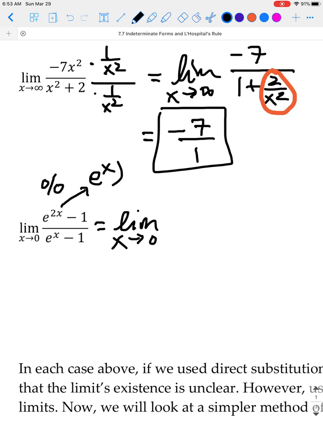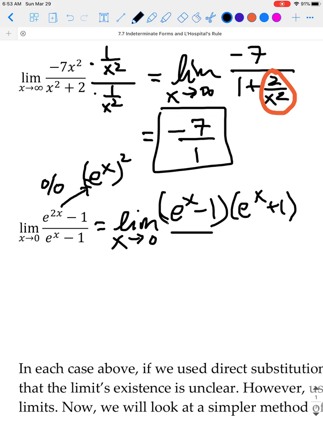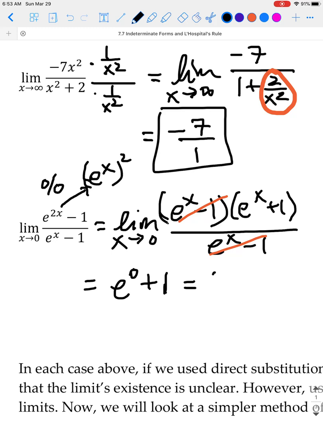Note that e to the 2x is the same as e to the x squared, so the numerator is really just the difference of squares. We'll get some nice cancellation in the denominator with that numerator factor. So we're left with the limit as x goes to 0 of e to the x plus 1, which is e to the 0 plus 1, which equals 2.